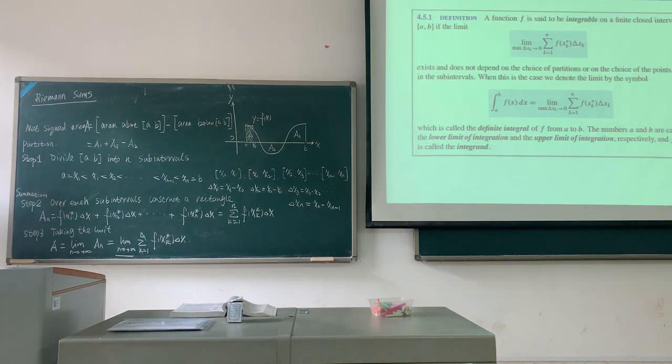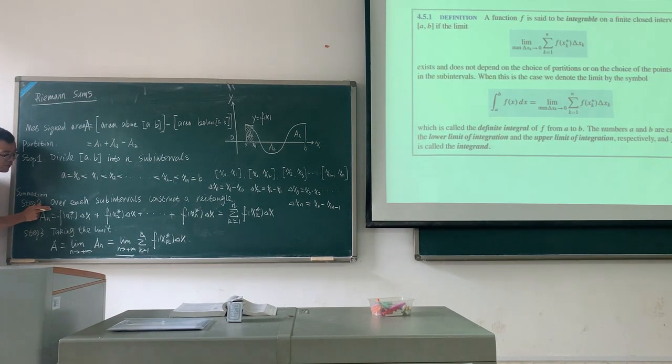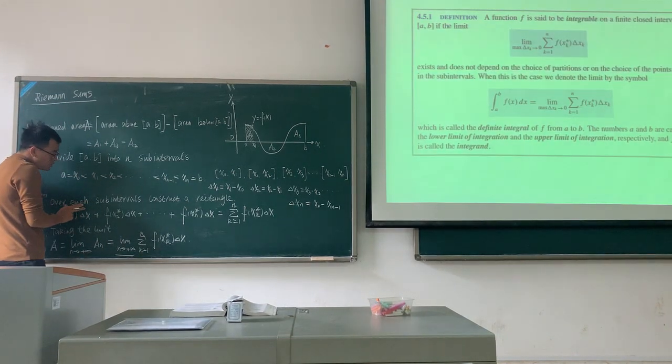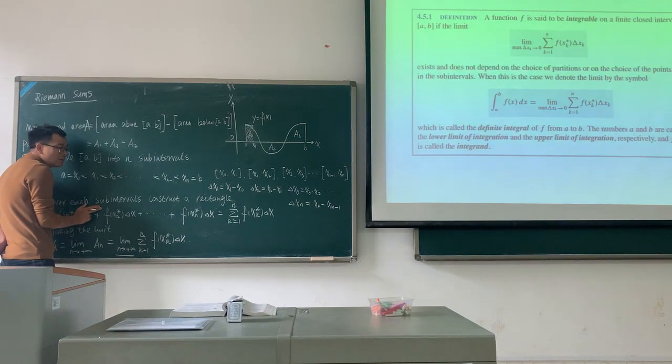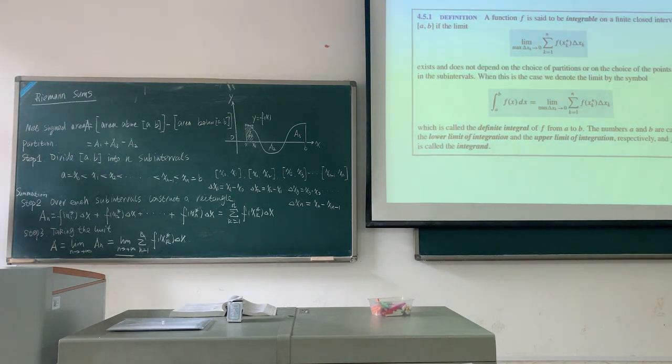So the second step is the summation. Now it's the same, okay? Over each subinterval, construct a rectangle.